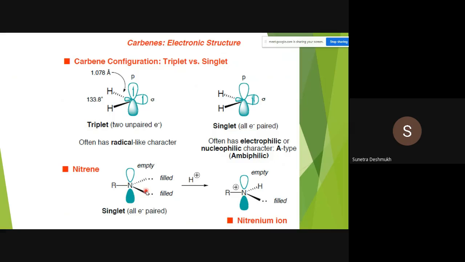Here nitrogen has two lone pairs, so all these electrons are in paired form. One lone pair is present here, and one lone pair is present here. When a nitrene is protonated, it gives a nitrenium ion. One of the lone pairs is utilized by H plus to form a nitrogen-hydrogen bond. So this is the nitrenium ion, and nitrogen possesses a positive charge.